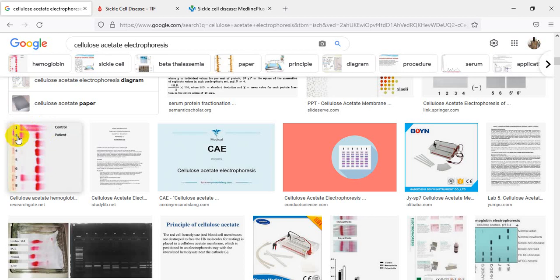If we look at patient 2, we have one band here and one band here. If this is A and this is S, and the patient has one band corresponding to the control A and another corresponding to the control S, then this patient is AS. This number 7 patient is also AS.